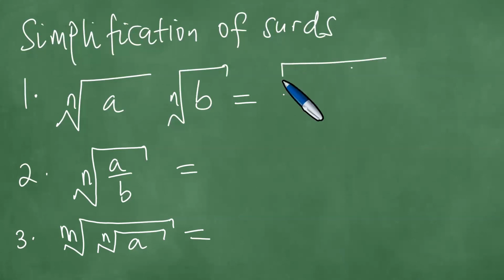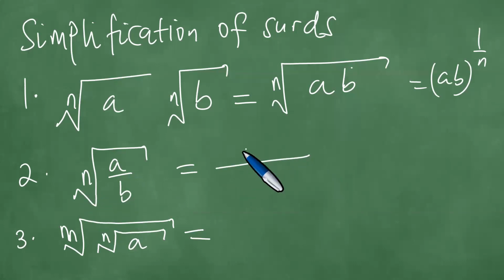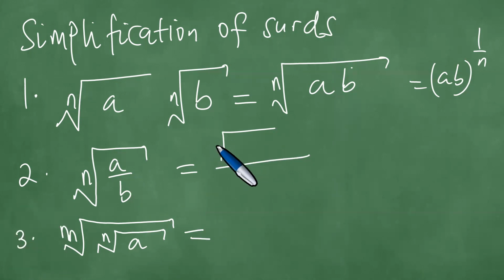Because it's the nth root of ab, you can also write it as (ab) to the power 1 over n. Same thing. What about this one here? If you have 1 nth root, you can break it into 2 pieces.